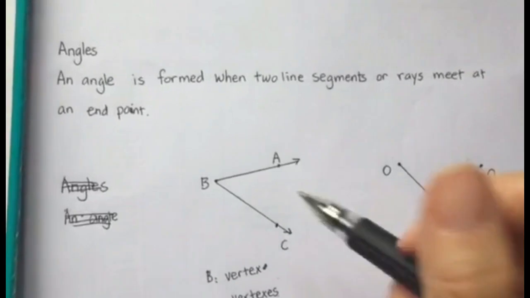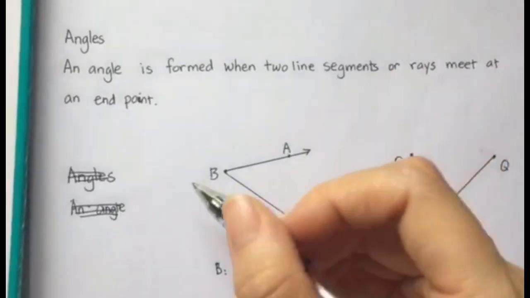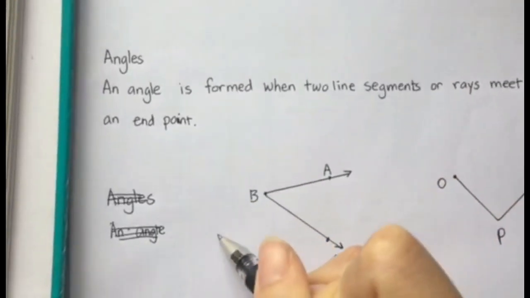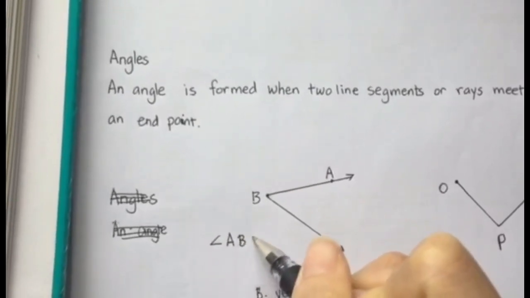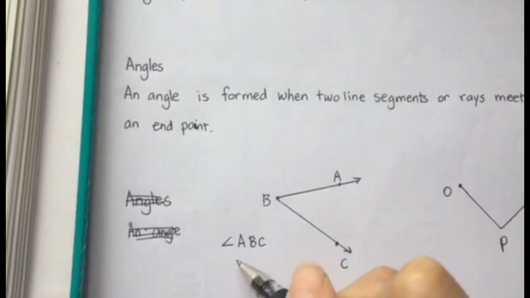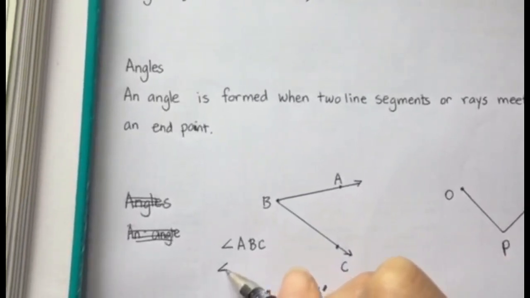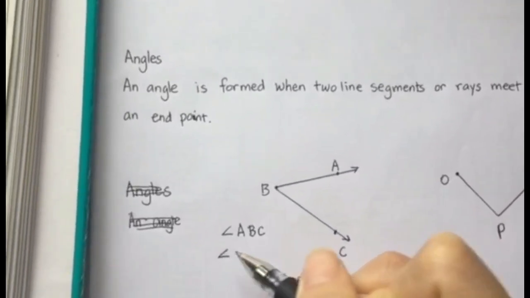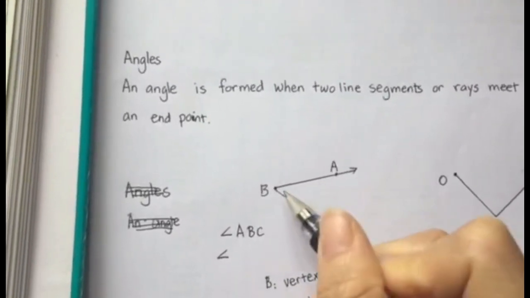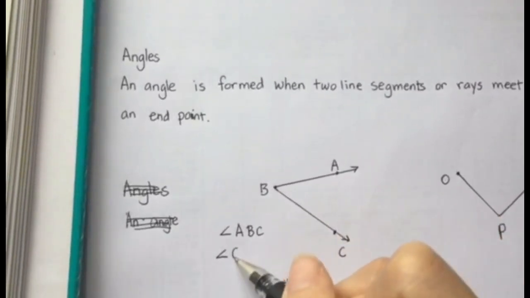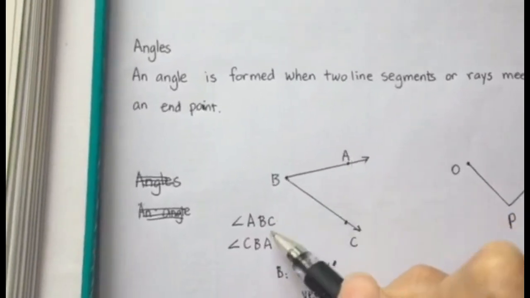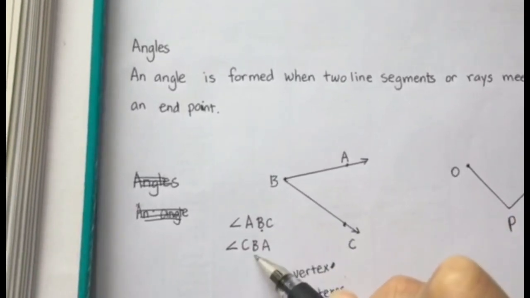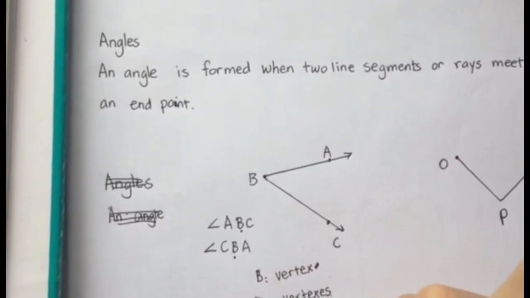So this angle, we can name it angle ABC, or angle, this angle symbol, angle CBA. Notice that the vertex B is in the middle.